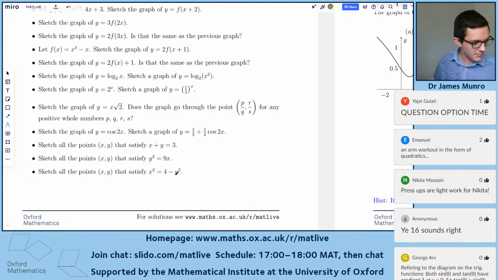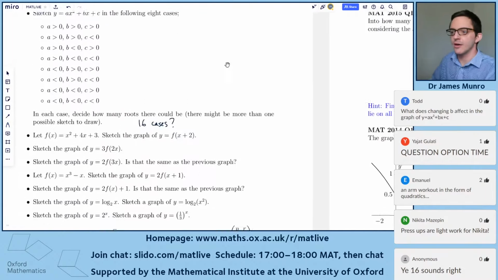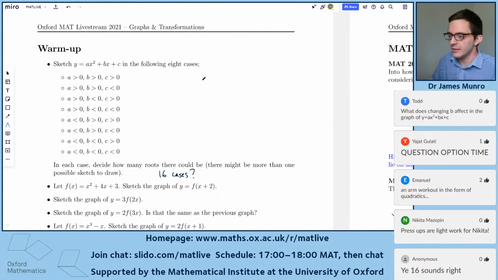Right. What does changing b do in the graph? Changing b changes the gradient at 0. You might know that a positive looks like this, a negative looks like this, c positive means that it goes through a positive point on the axis, c negative means it goes through a negative point.